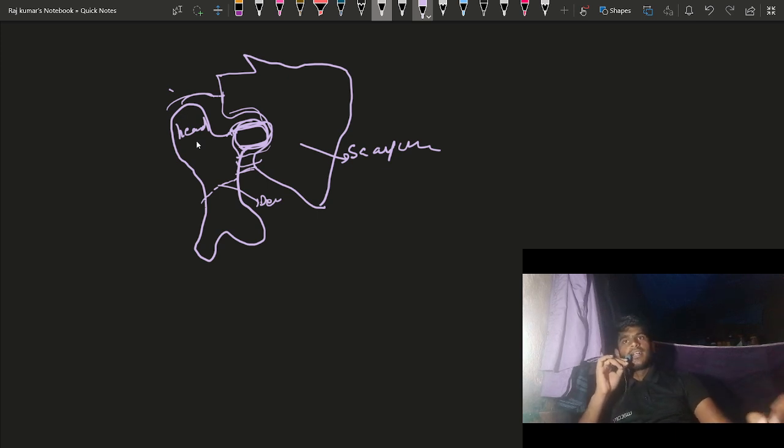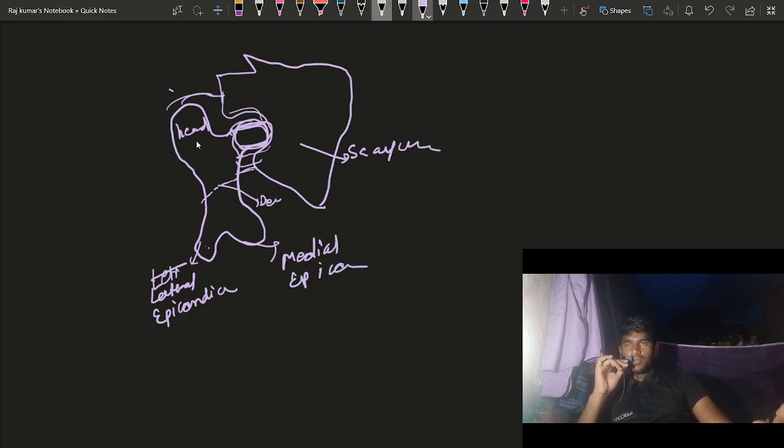Okay, and this is the lateral epicondyle, and this is the medial epicondyle. So the meaning of this is, there is one type of ball-like structure here, and after that one bone has this type of structure.